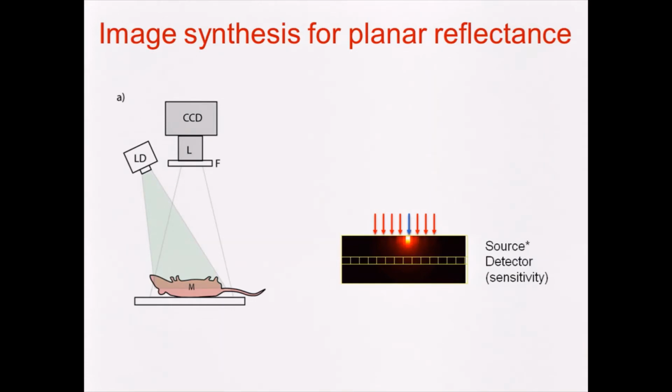In the reflectance imaging situation, we're actually illuminating at many points on the tissue. So we'd have to generate a planar illumination source from our point sources, summing over all of these different point sources. And then we're detecting just at one point, which is where the CCD is image relaying a little spot on the tissue to a pixel.